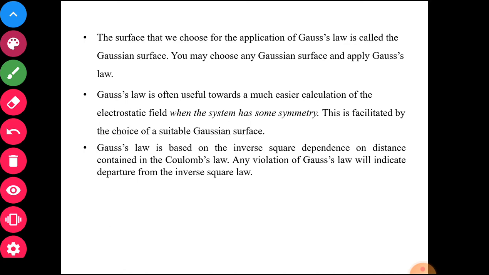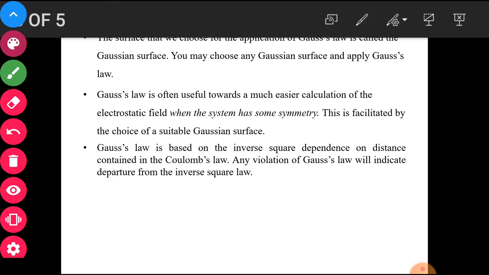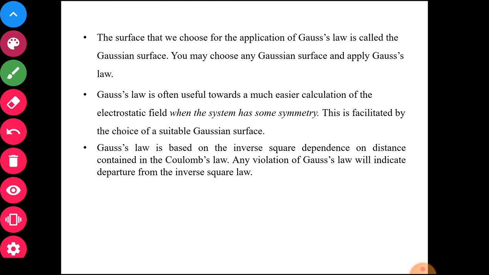Gauss law is based on the inverse square dependence on distance contained in the Coulomb's law. Gauss law is based on E is equal to KQ upon R square. So basics of this Gauss law is in the inverse square dependence which is there in the Coulomb's law.